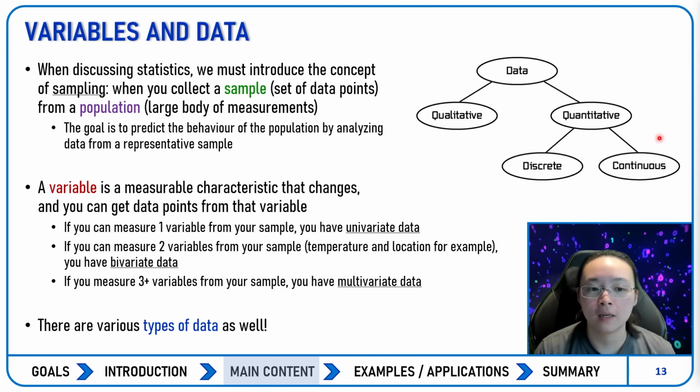If you have, let's say, quantitative data in which you're counting the number of books in a household, then you can't really have half a book or a quarter of a book, so that would give you discrete data. So these are just differences that you will have to know moving forward, especially when it comes to separating what kinds of descriptive statistics we can use for each.